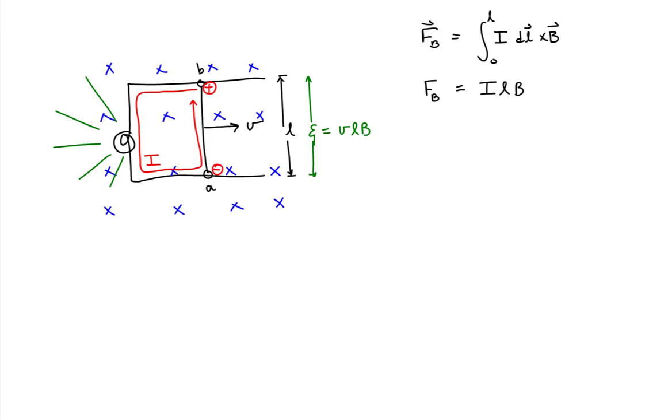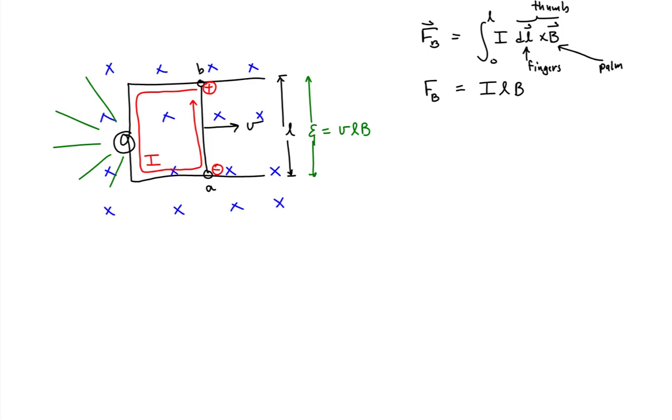The direction of this magnetic force is given by the right-hand rule: fingers in the direction of the displacement differential of the current, palm facing the magnetic field. The direction our thumb ends up pointing is the direction of the magnetic force acting on that wire.